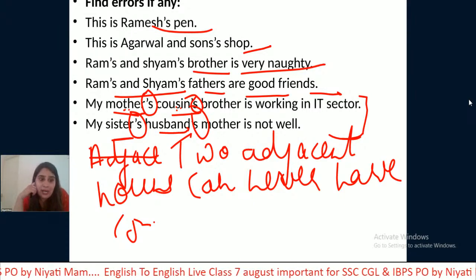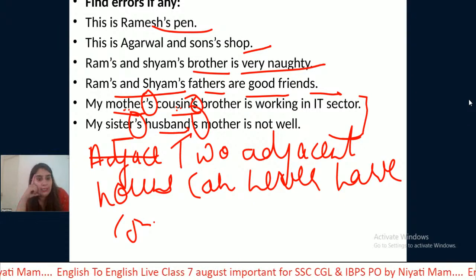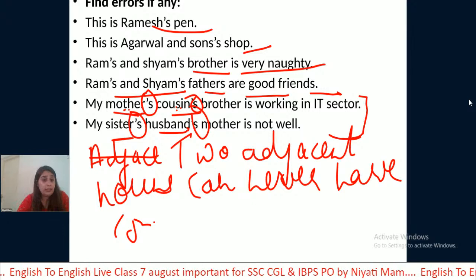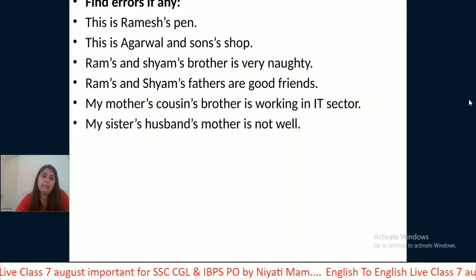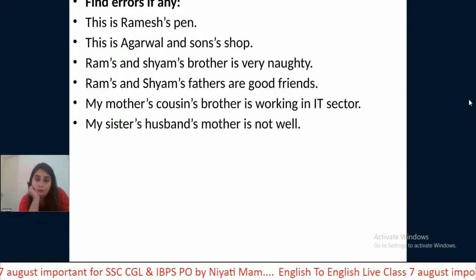Now the question arises how we are going to correct these sentences. We need to correct, of course. So how we are going to correct these sentences?